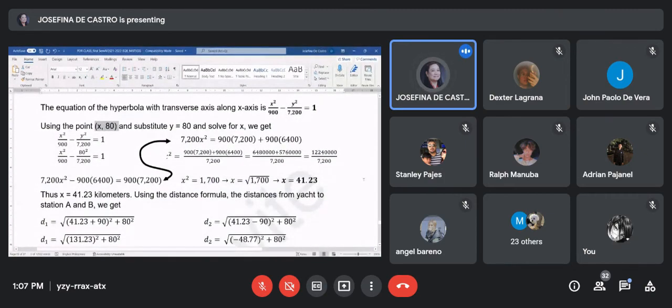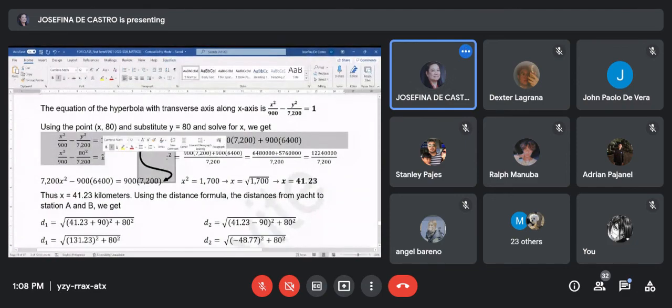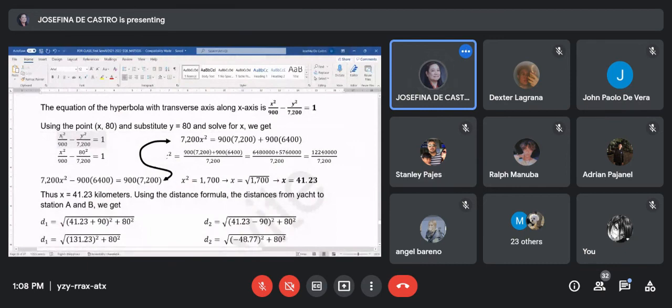Okay. Now, to find the value of x, gagamitin natin yung x, 80, that is a point on the hyperbola. So, gagamitin natin solution set siya. Therefore, y is equal to 80 and x is equal to x. So, sinubstitute natin dito. Ayan na po, sinubstitute natin, solve for x tayo, and then yung 80, sinubstitute natin kay y. 80 squared.